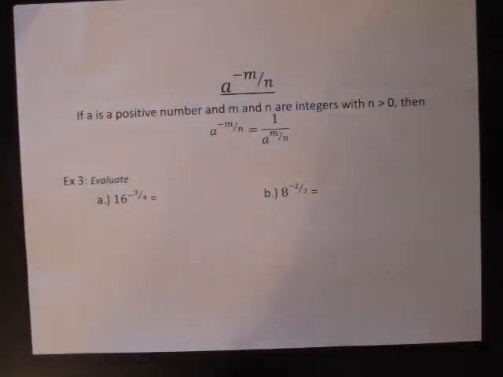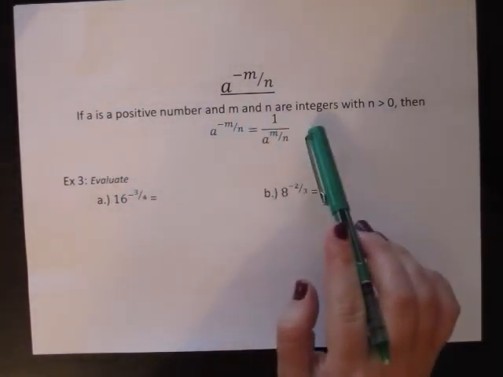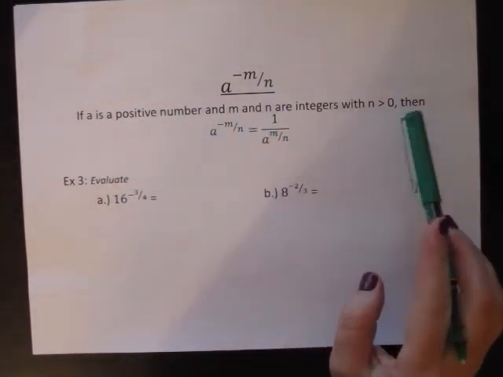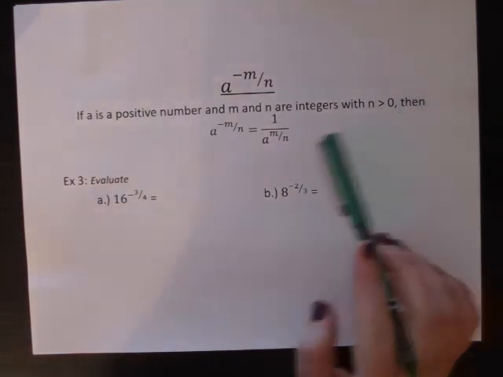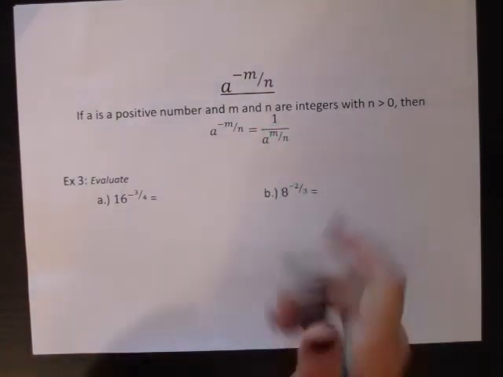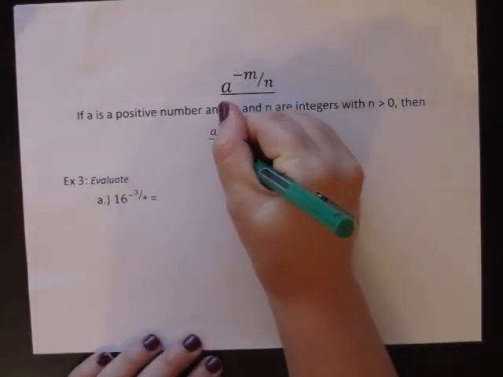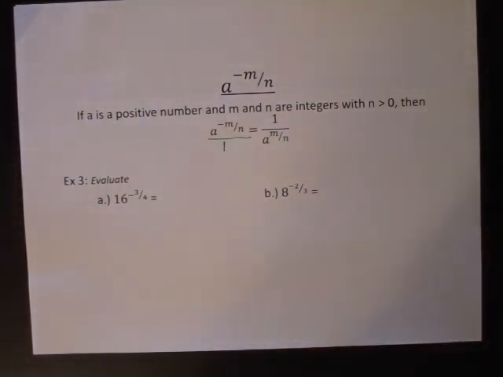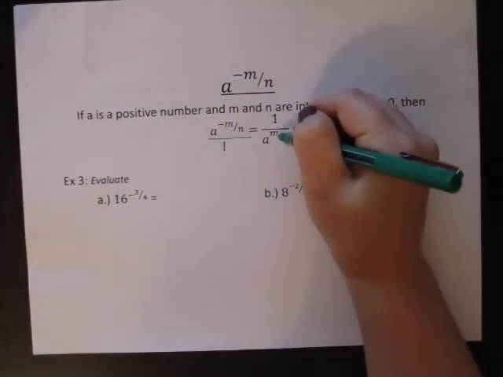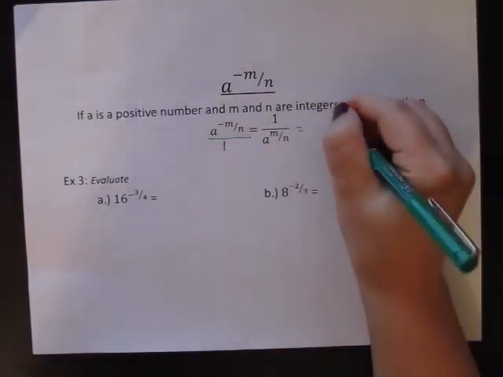So now there's one step further. If a is a positive number and m and n are integers with n being greater than 0, then a to the negative m over n means we have a negative exponent. So when we have a negative exponent, we change it: we go 1 over a to the m over n, and then we clean it up from there.